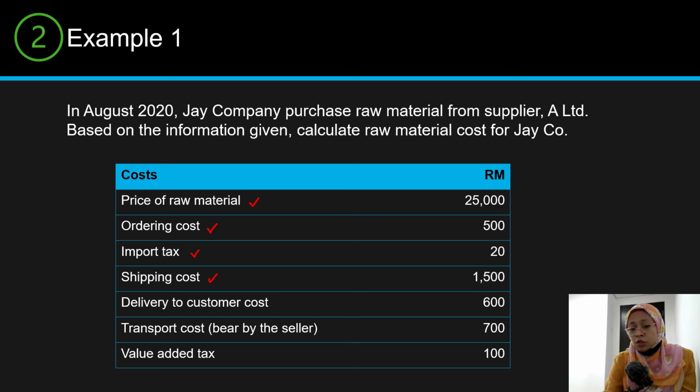Delivery goods to customer. Okay, when we deliver goods to customer, it's not included because it means we deliver the finished goods. Transport cost, which will be borne by the seller, also will not be included. And the value added tax will be included. So only 2 items will be ignored. Let's look at the answer.